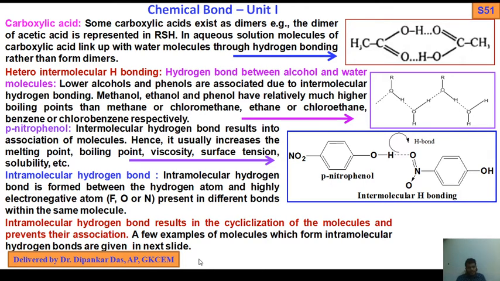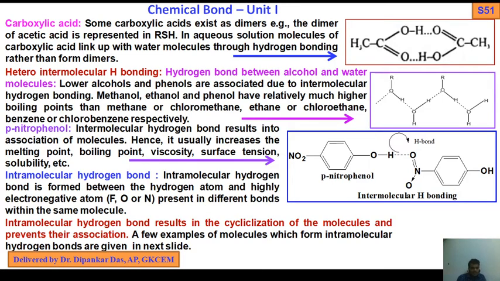Again, one thing you should keep in mind: intermolecular hydrogen bonding increases molecular weight because of association of molecules, surface area increases, the number of hydrogen bonds increases, and both melting point and boiling point increase.